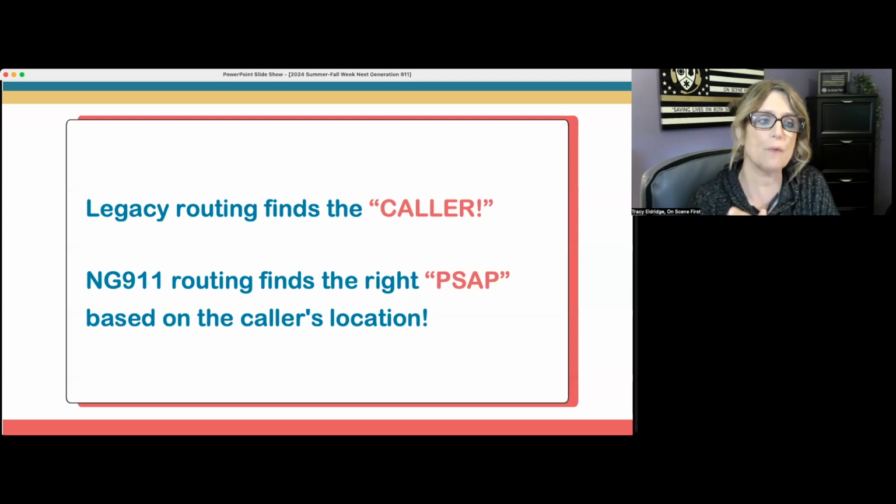So the legacy routing is looking for the caller. The next gen routing finds the right PSAP based on the caller's location. So geolocating the caller first and sending it to the right PSAP based on that geographic location. That makes sense.